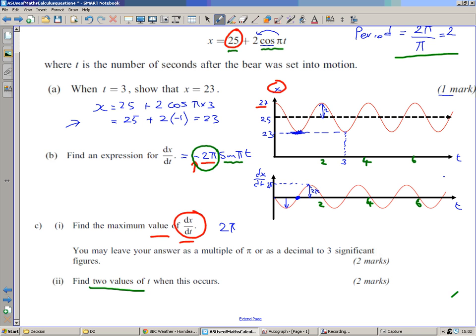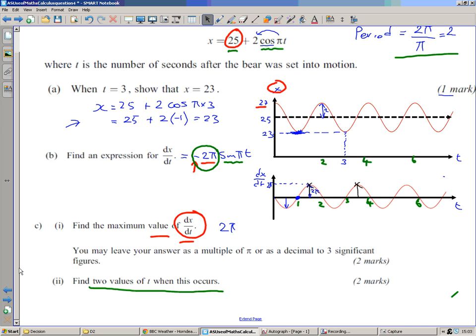So I suppose you could do that even without the graph, but this last part of the question says find two values of t where this occurs. It wants the two values of t where dx by dt is at its maximum. If you're looking at the numbers along here, we've got 1 there, 2 there, 3 there, 4 there. We want the times when it's at its maximum, which are there and there, which are clearly 1.5 and 3.5.